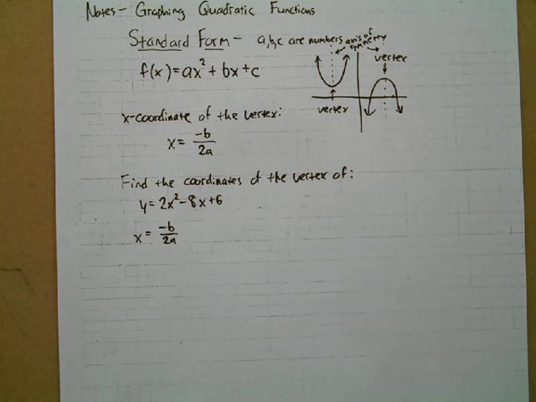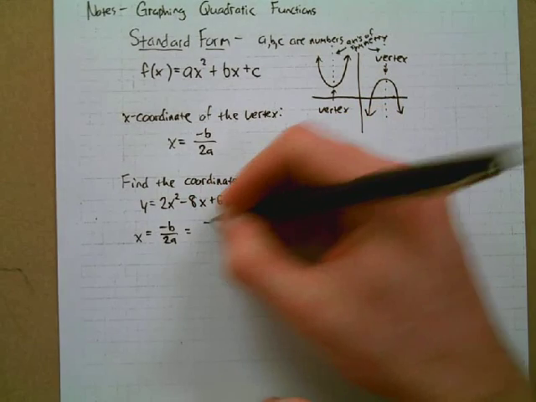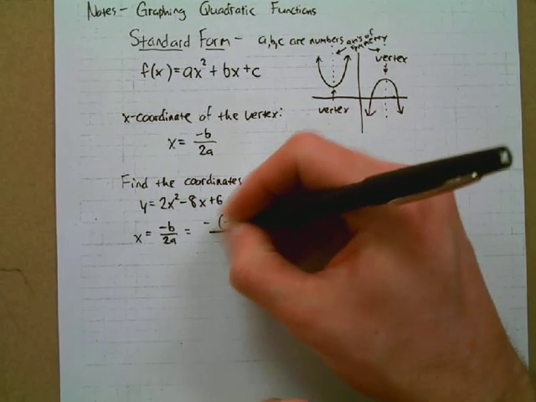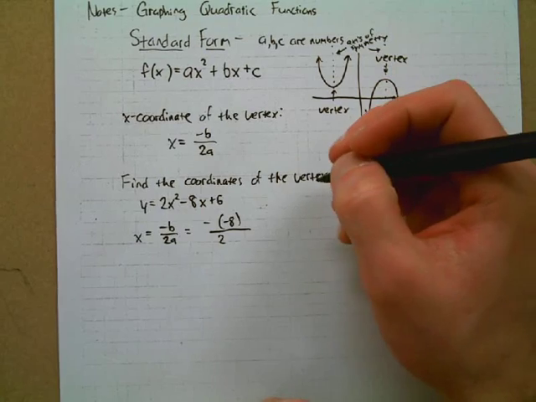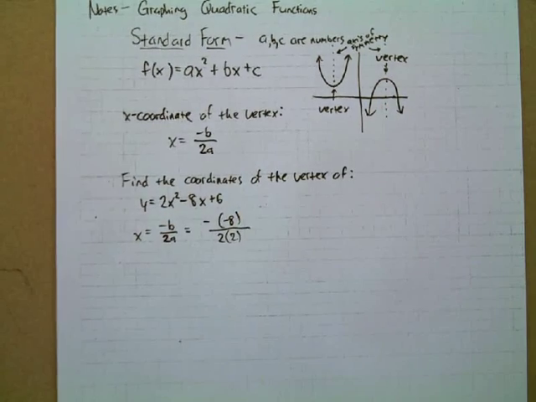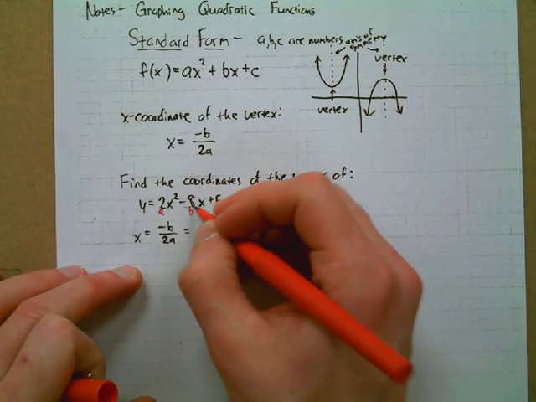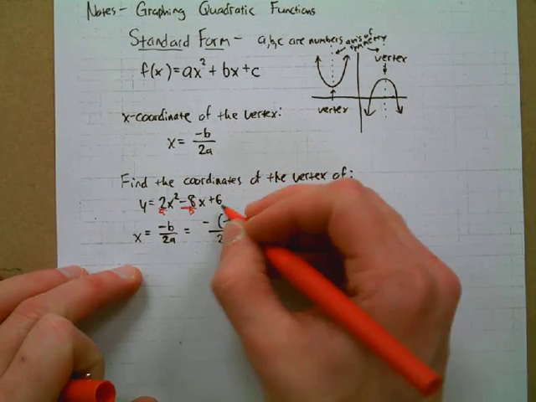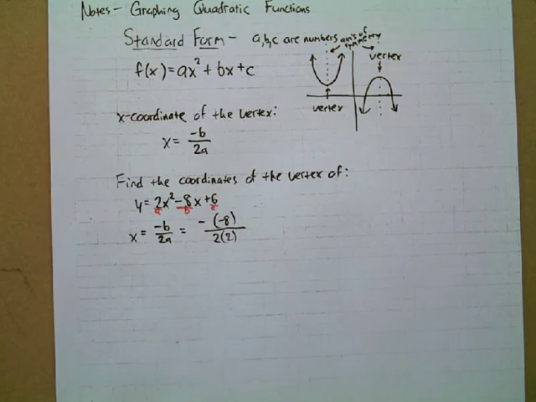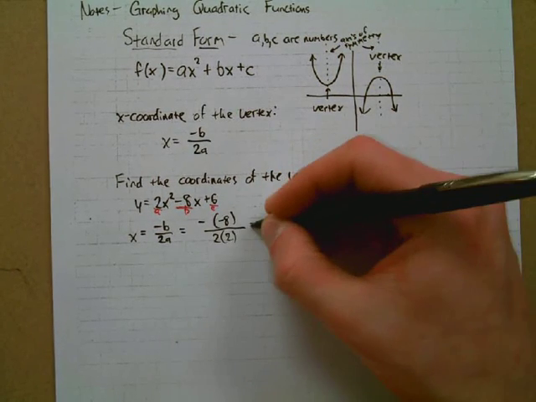So we're going to have negative 8 over, and then what goes in for the a? 2, because the number 2 there is my a. So there's my a, there's my b, the negative 8, and then there's c, but we don't really use c when it comes to the vertex. So we have a negative 8, which is really then positive 8, and then 2 times 2 is 4, which then simplifies to 2.